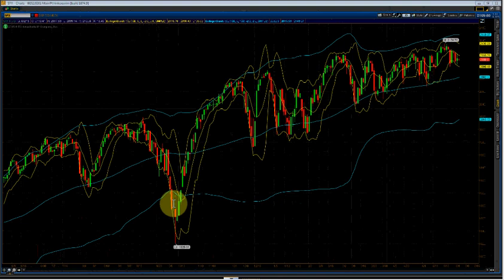Well, do you know why I have them colored yellow, Scooter? Well, any chart that I have an 8 simple moving average on it, what color's the 8 simple moving average? Yeah, every time I use an 8, it's yellow.